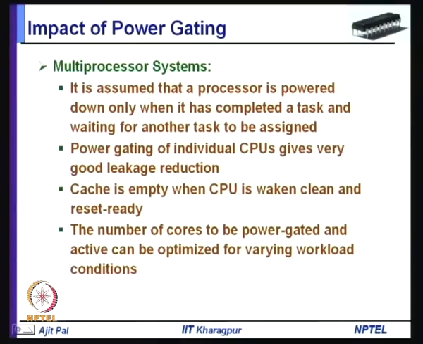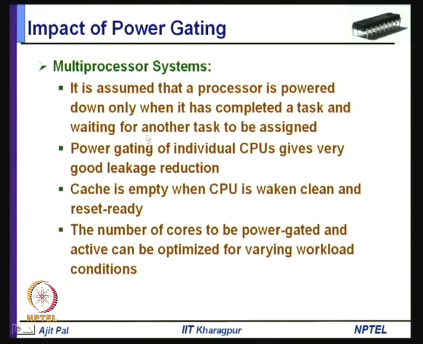The task scheduler schedules tasks to a particular processor, and when that task is complete, that particular core or processor can be switched off. That means you can put it to low power mode. So, power gating of individual CPUs gives very good leakage power reduction.